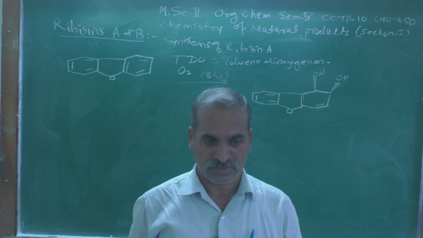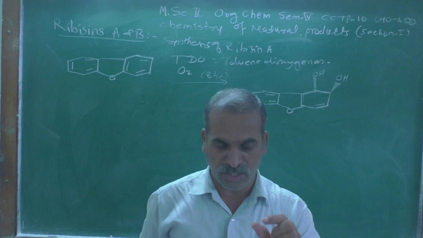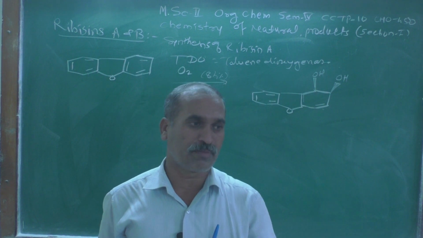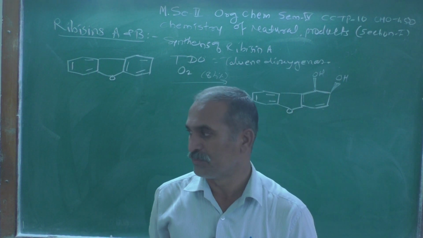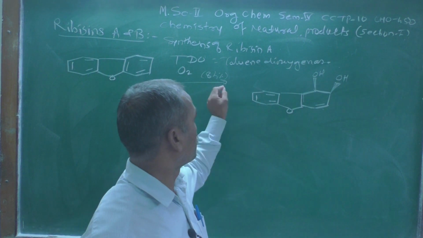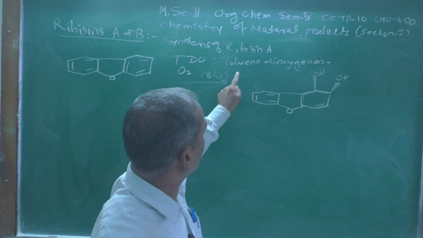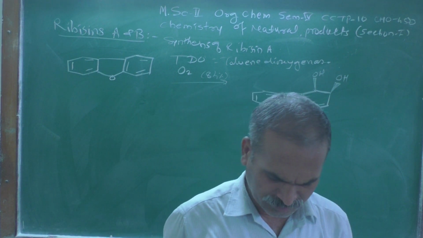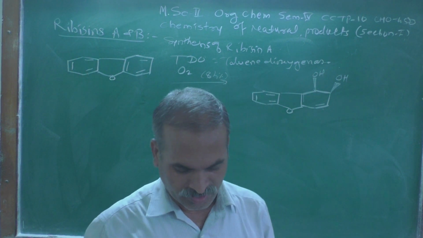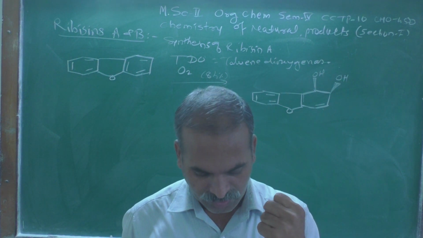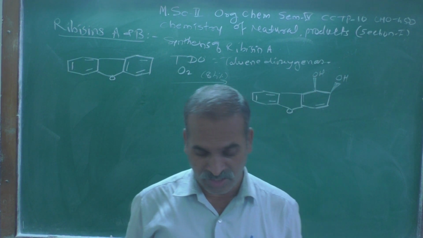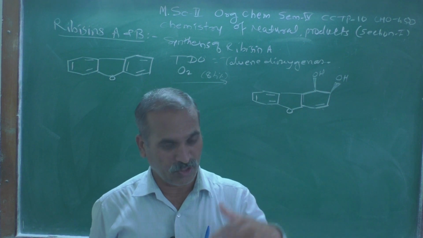But chemoenzymatically, that is, by biotransformation, this type of possibility is there, and that's why TDO, toluene dioxygenase, has a speciality: it gives cis hydroxylation for olefinic compounds.